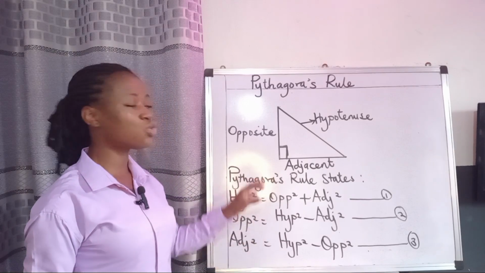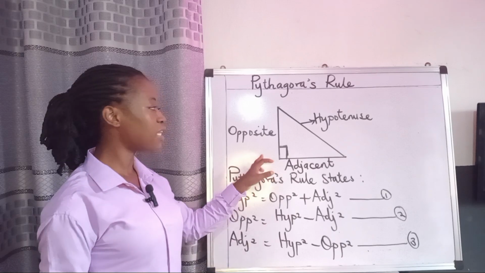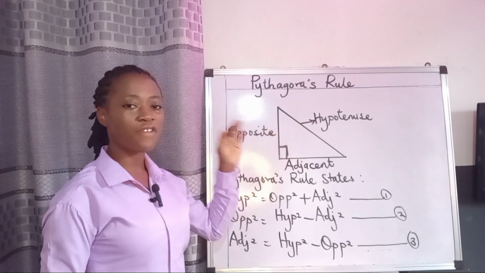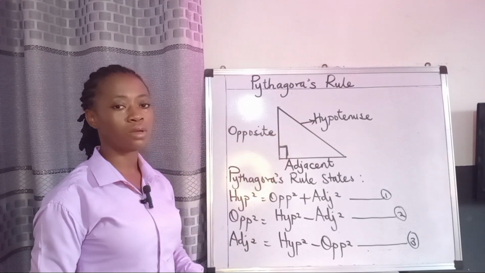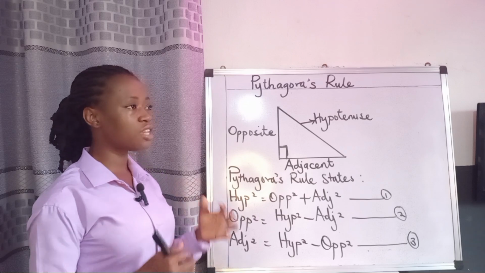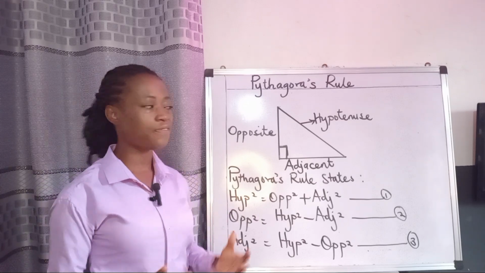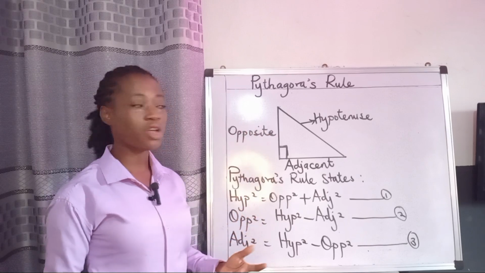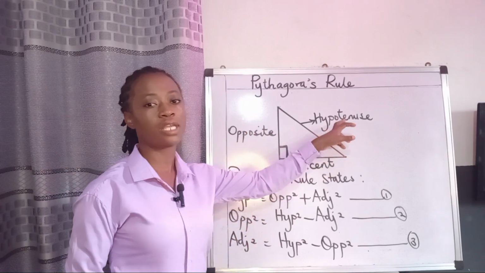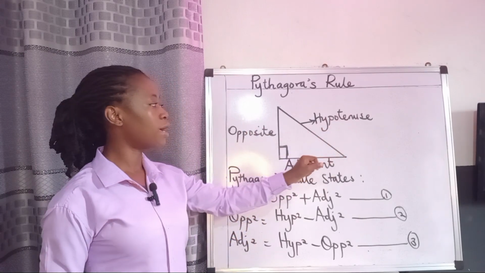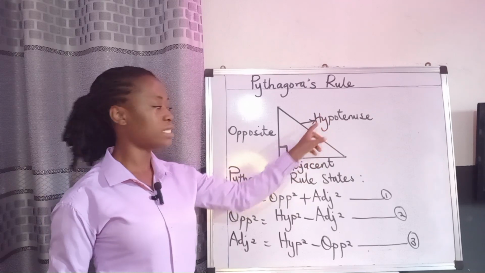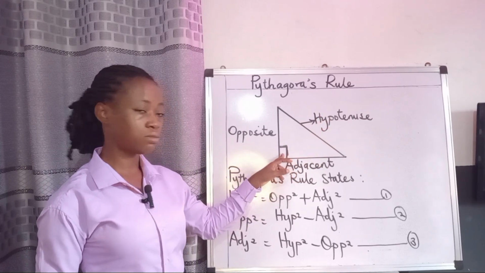So we'll be using this rule to find any of the missing sides of any right-angled triangle. All right? So the thing you need to do now is to identify the three sides. Obviously, the longest side is usually the hypotenuse, right? It is also the side facing the right angle, all right?